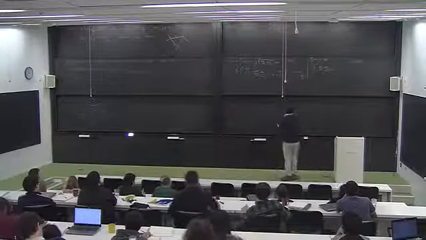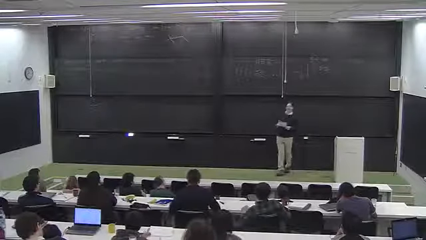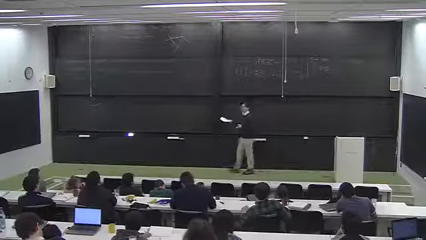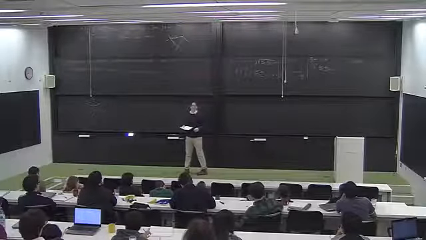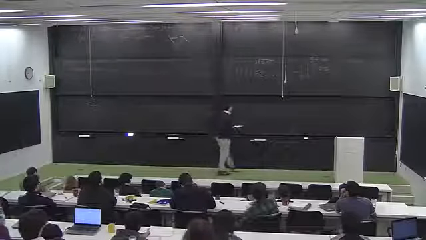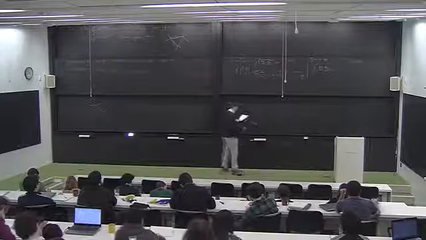So what do you do? For a particle, we said the natural action was the length of the line. So for a surface, the natural action is going to be the area of the surface.